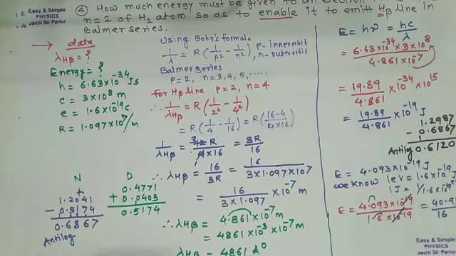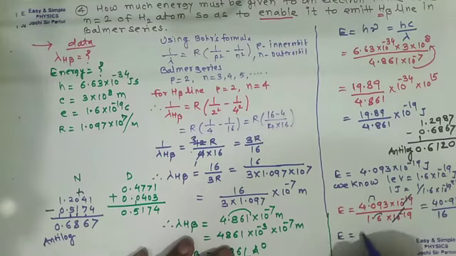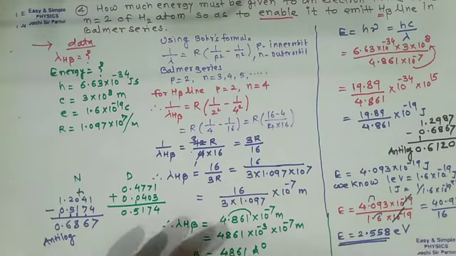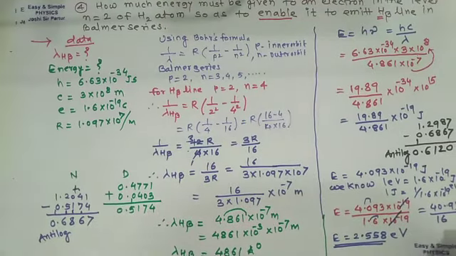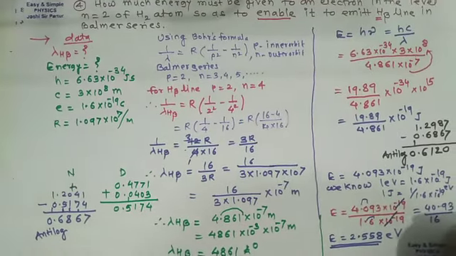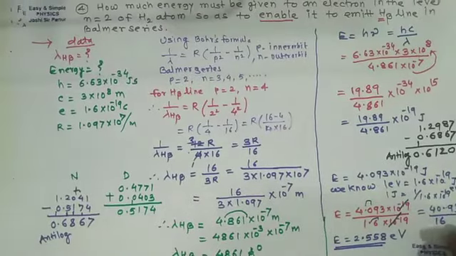If the division is done, energy equals 2.558 electron volt. This energy must be supplied to an electron for n equal to 2 of hydrogen atom.